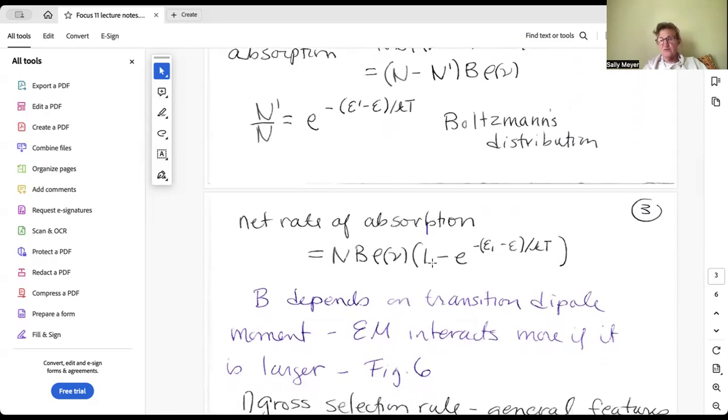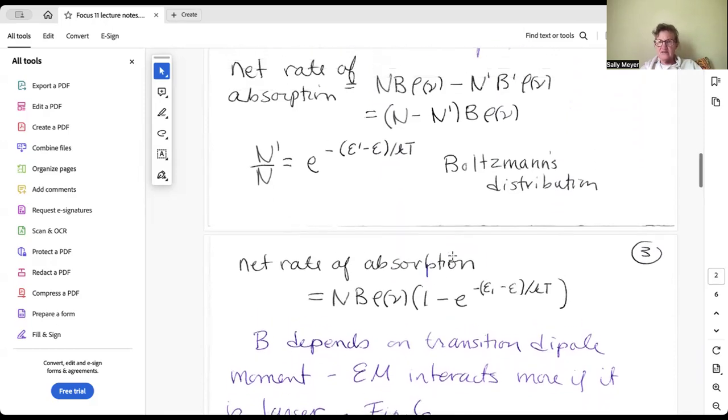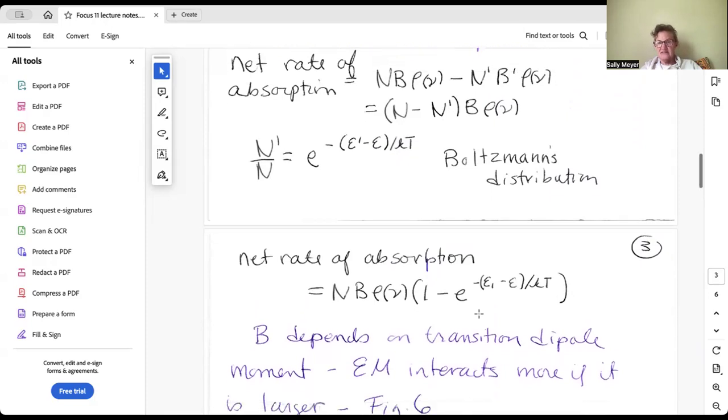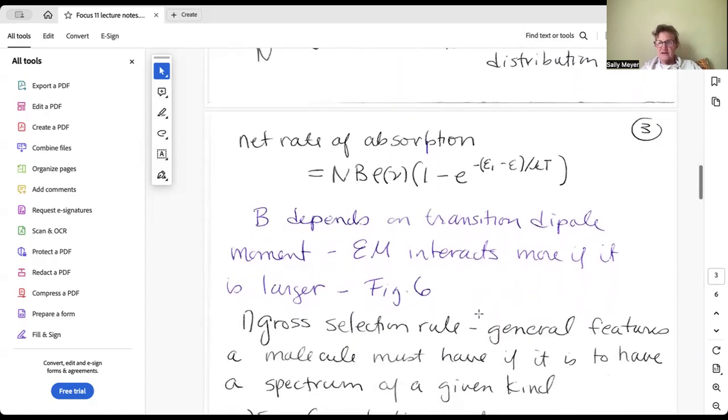And when we do that and rearrange the equation, we get the net rate of absorption is equal to the number of molecules in the ground state, the coefficient of stimulated absorption, the density of the frequency of light, and then this term is taking into account essentially N prime, how many molecules are going to be in the excited state. So B depends on the transition dipole moment because electromagnetic radiation interacts more if this thing is larger.